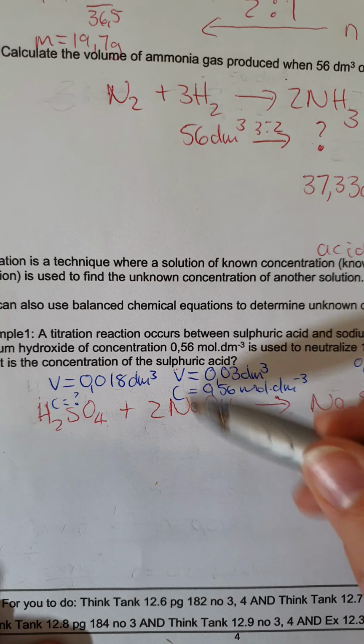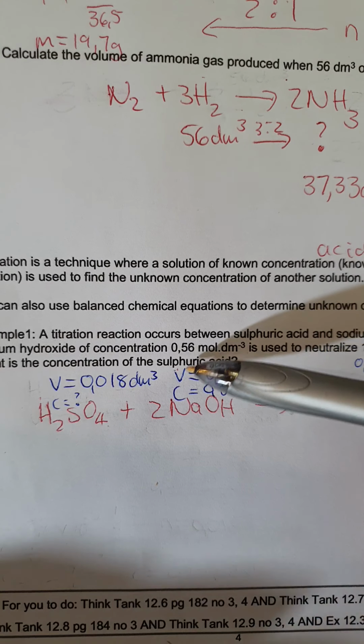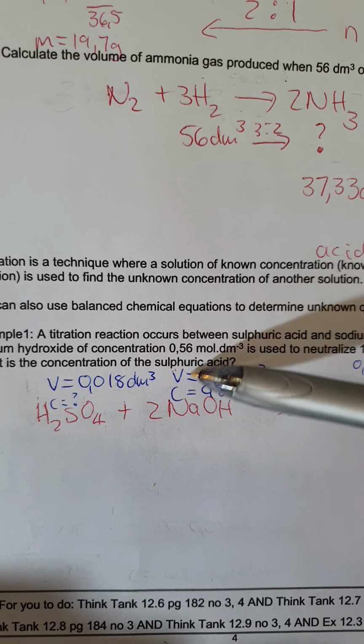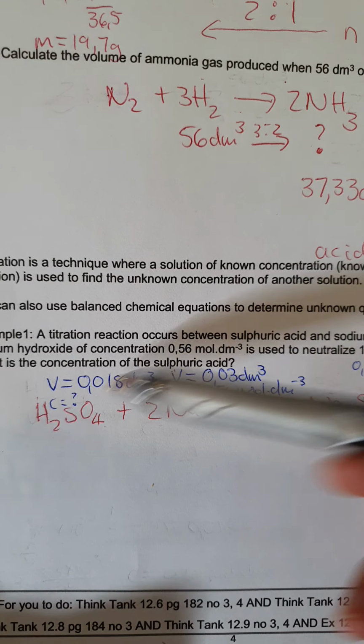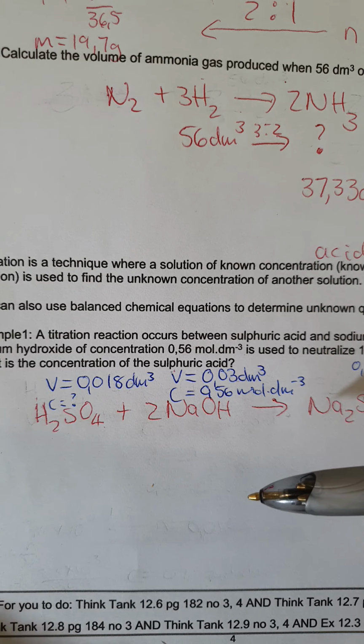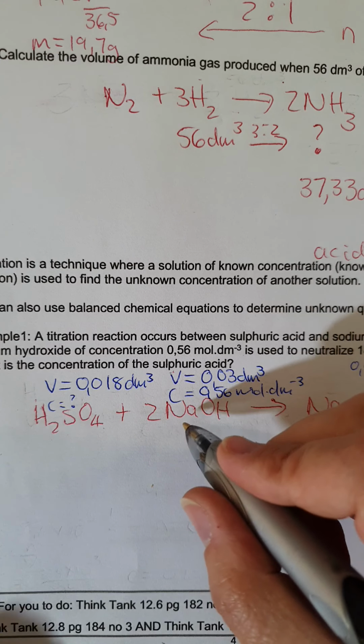I have enough information here to work out the moles. Now notice I can't compare volumes here like I did in the previous one, because these are not gases and it's not at STP. So I can't use the volumes this time. But what I can do is work out the number of moles.